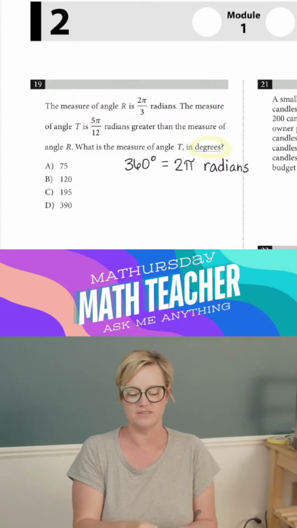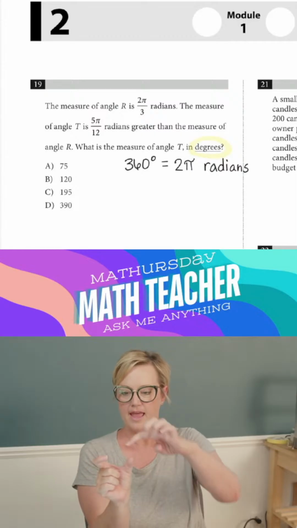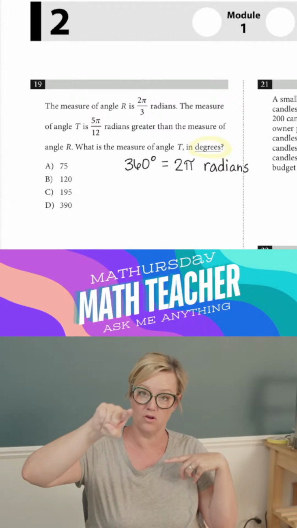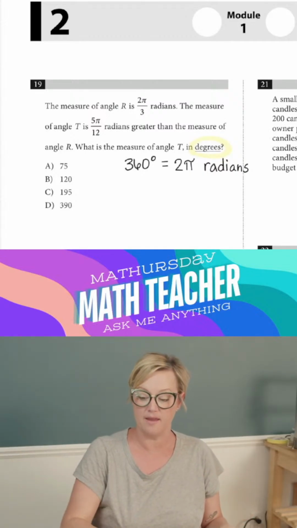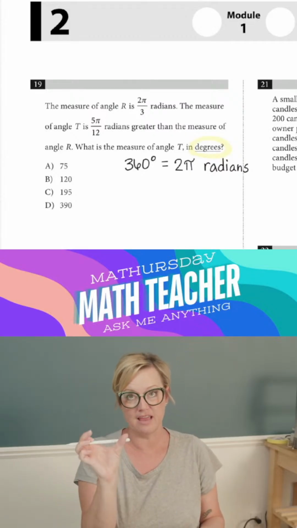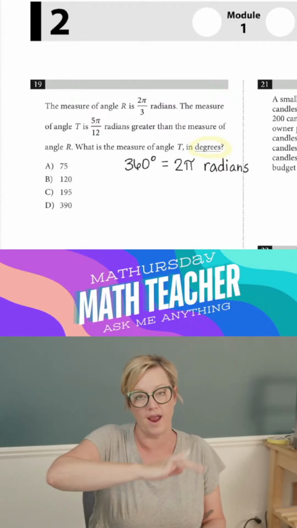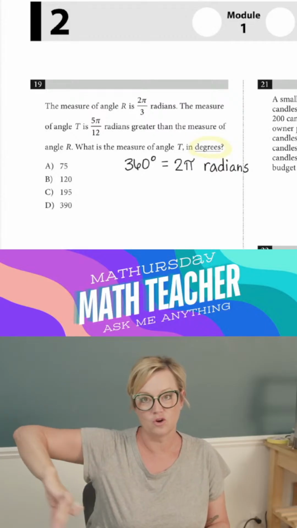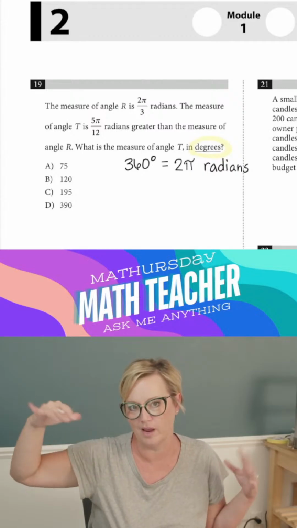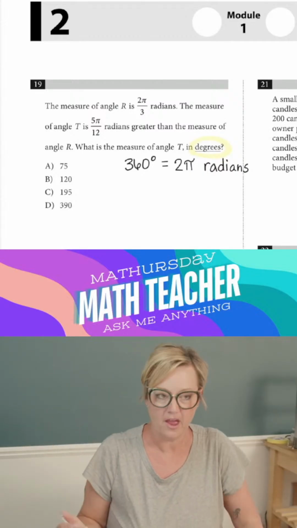A radian is where you take the radius of the circle and see how many times you can fit that length around the circumference. Every single time it's 2 pi times, so about 6.28. Pretty cool.